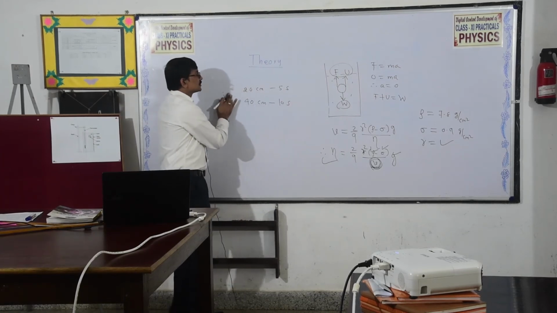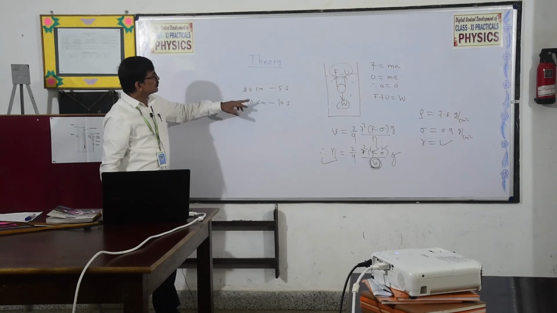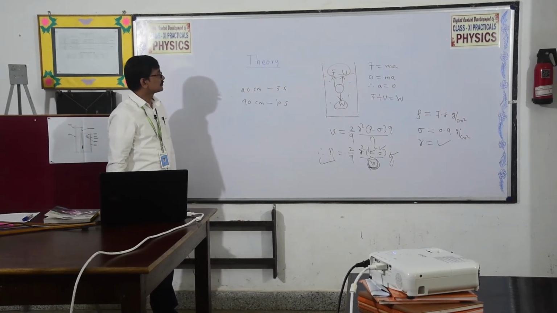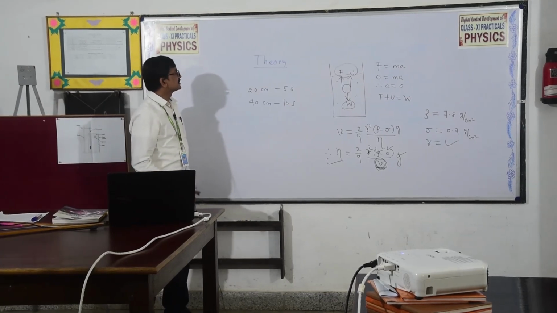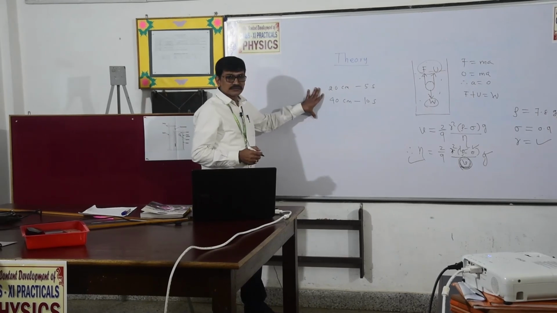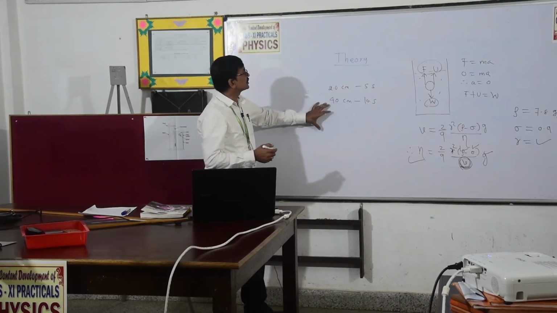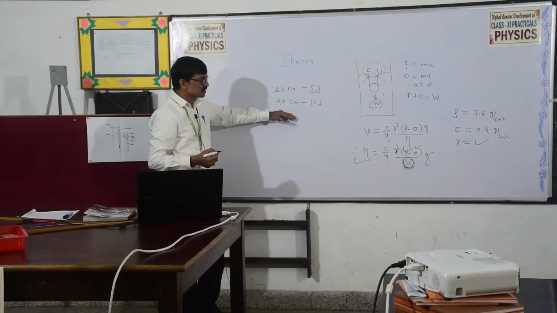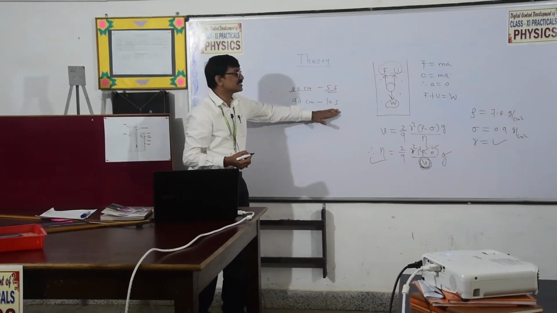So for both the cases, the distance covered per unit time is 4 centimeter per second in one case. In the second case also, it comes to be 4 centimeter per second.